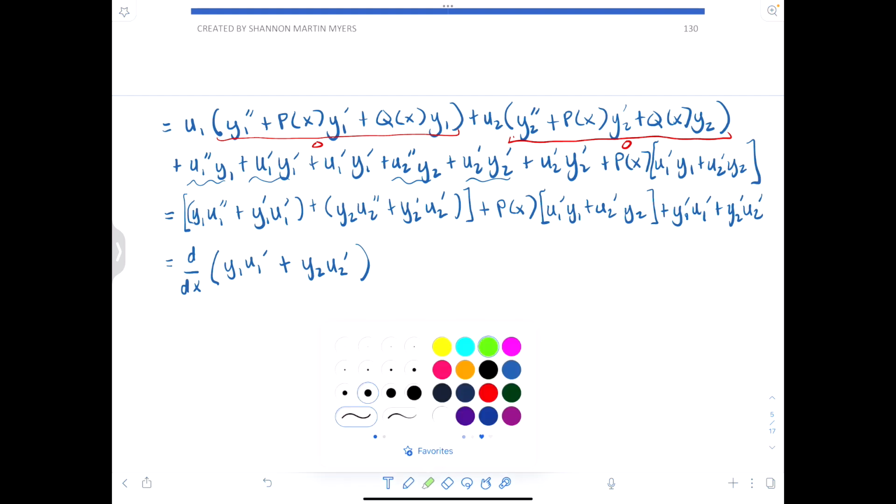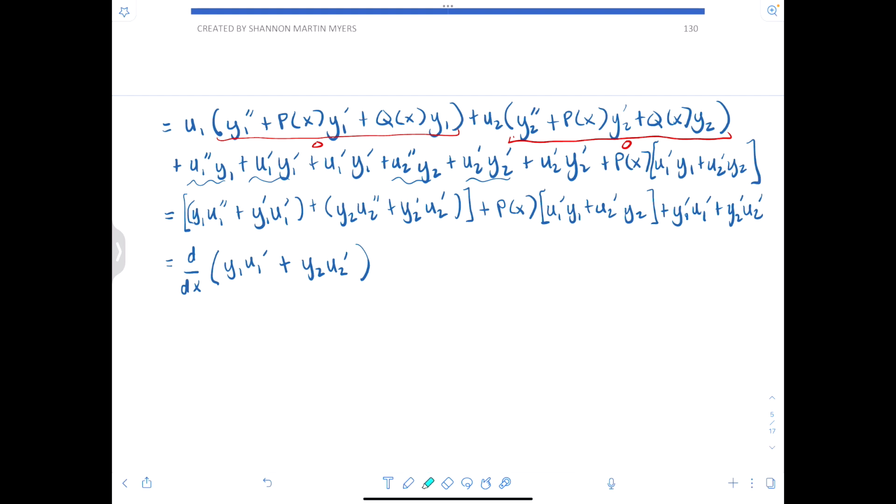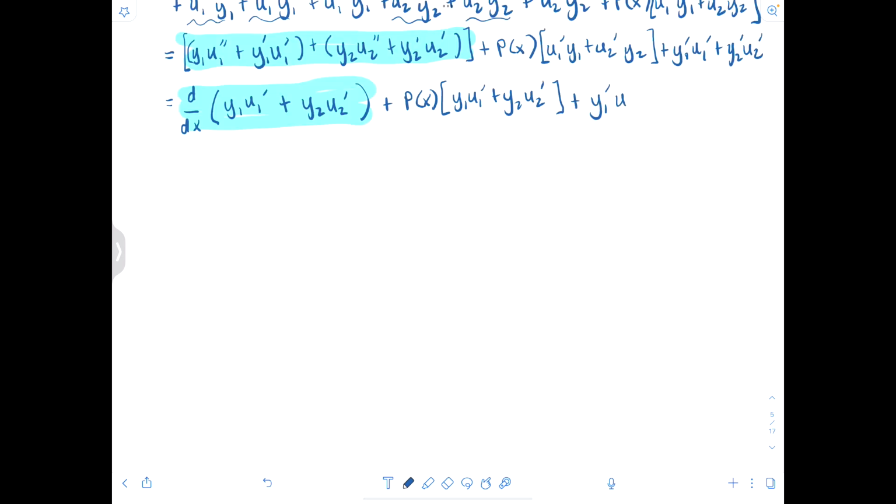So all of this here is equivalent to this right here. Cool so far? And then plus p at x times y1 u1 prime plus y2 u2 prime, y1 prime u1 prime plus y2 prime u2 prime.